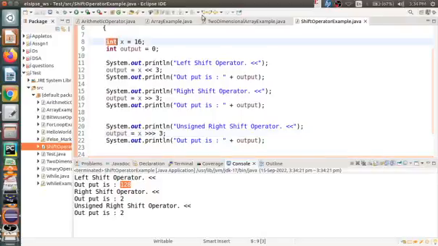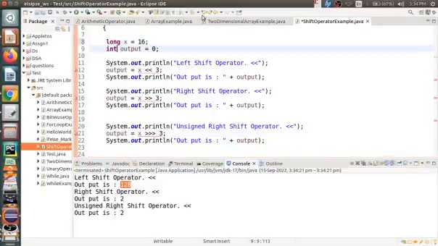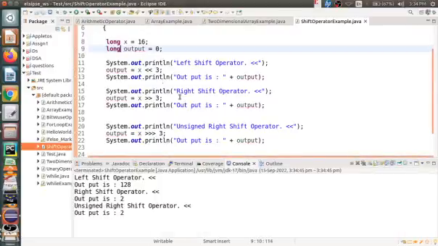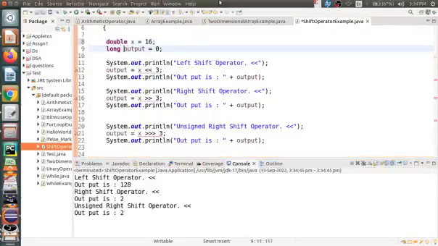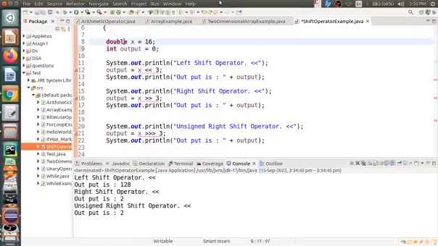You can try it for long also, but you cannot take other types. Double you cannot take, only int and long. So this is all about the shift operator.